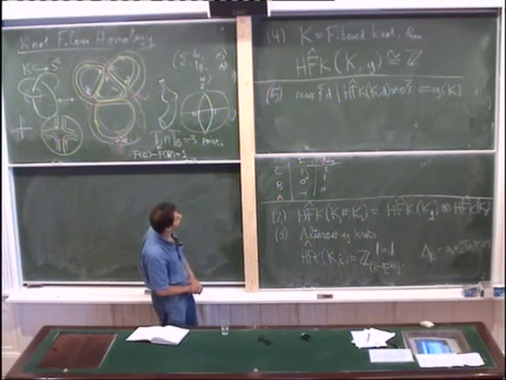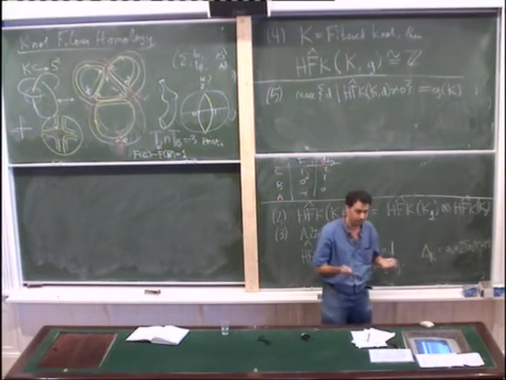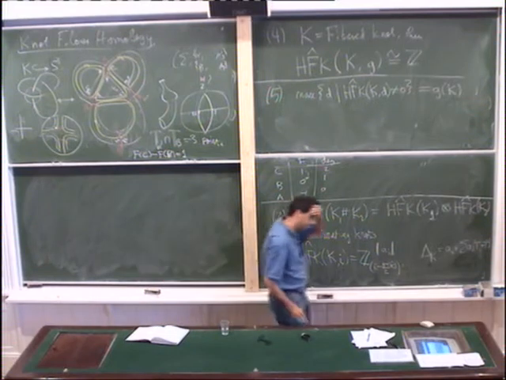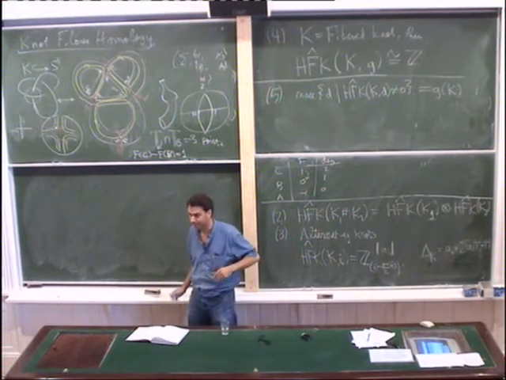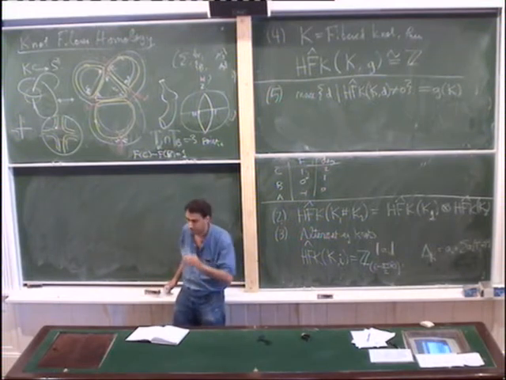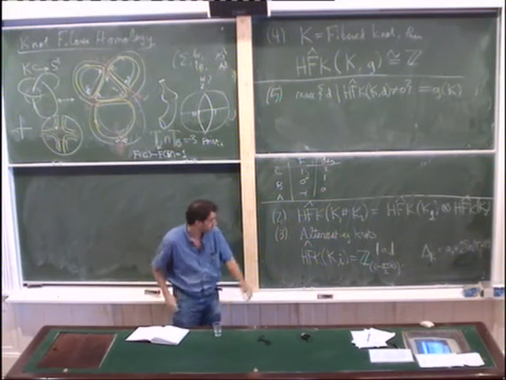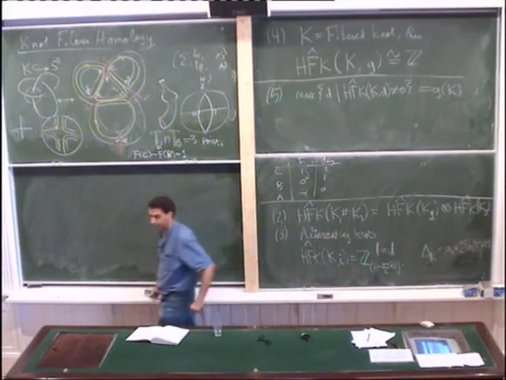The g in 4, yes, that's also the genus of the knot. Okay. Alternating knot differentials are trivial? Yes, because the Floer homology is all supported in a single dimension.